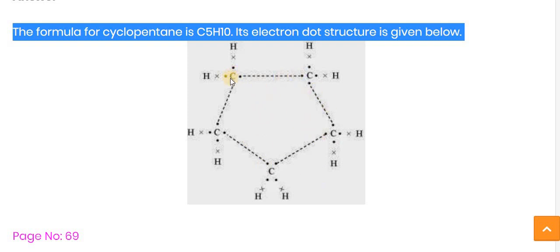As we know, carbon possesses 4 valence electrons, so each carbon here has 4 electrons, denoted by dots. For the satisfaction of its outermost orbit, it is also attached to hydrogen through a covalent bond.